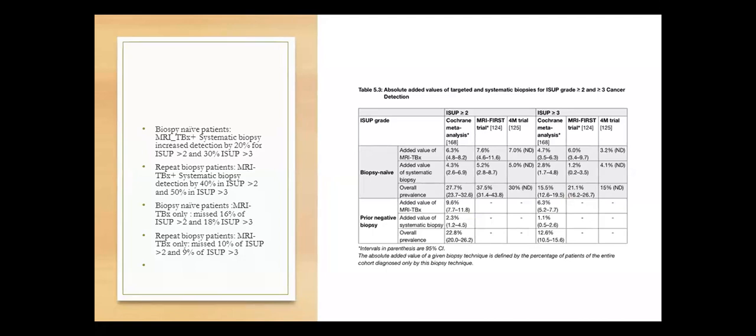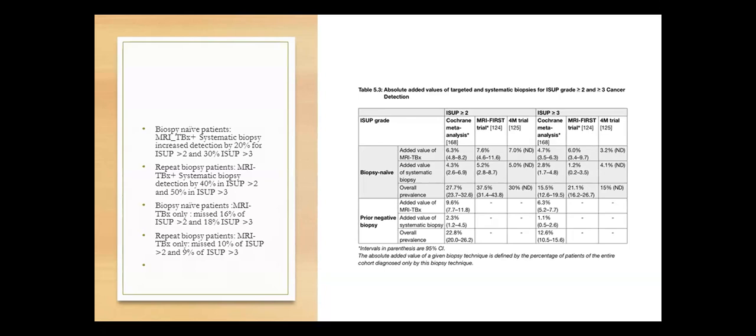We see that for biopsy-naive patients, the MRI targeted biopsy plus systemic biopsy increased detection by 20% for the ISUP grade 2 and 30% for the ISUP grade 3 prostate cancers. And for repeat biopsy patients, the MRI biopsy and systemic biopsy detected 40% in ISUP grade 2 patients and up to 50% in the ISUP grade 3 population.